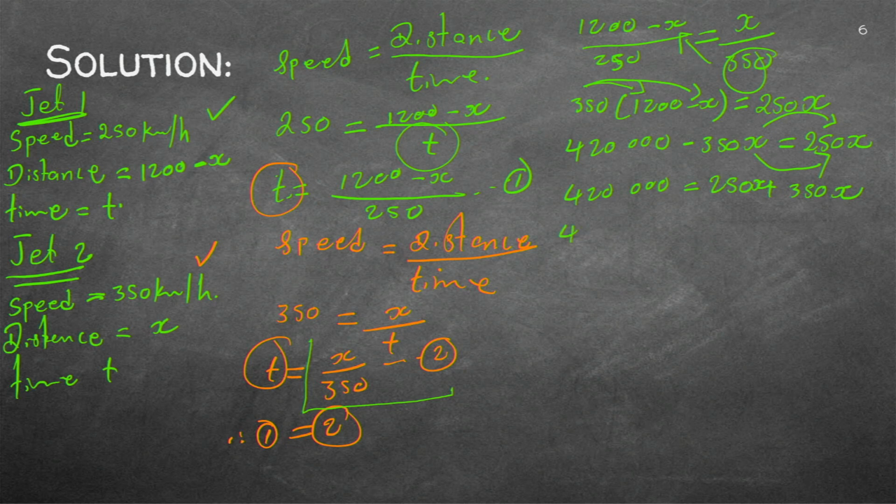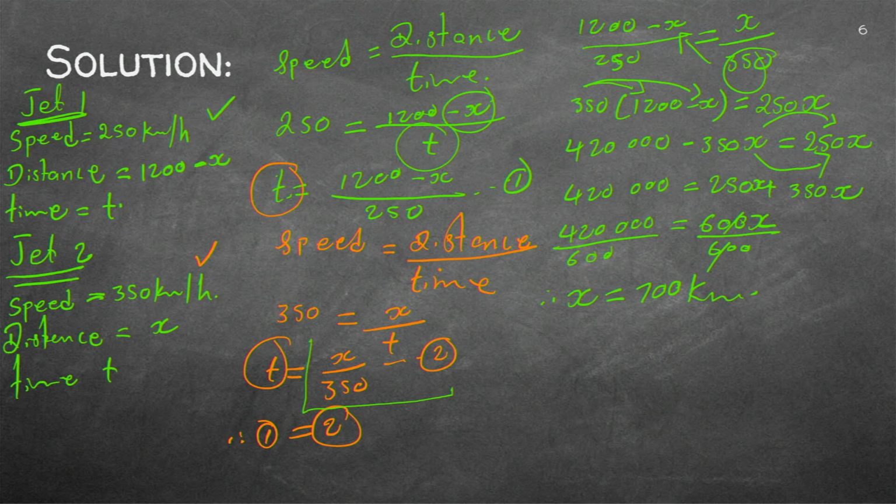So 420,000 is equal to 600x, and we are going to divide both sides by 600. So that 600 cancels the other. So therefore x is given by 700. So that 700 is actually in kilometers, guys. Remember that the value of x there is in kilometers. So that was the distance.